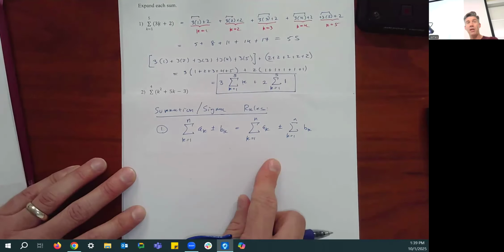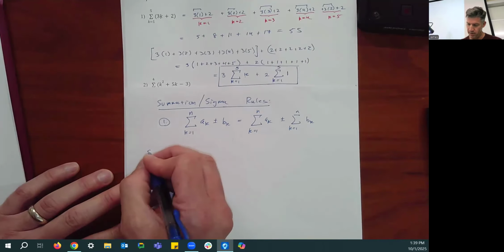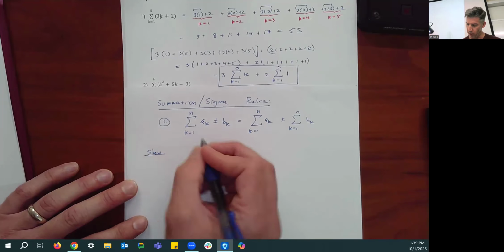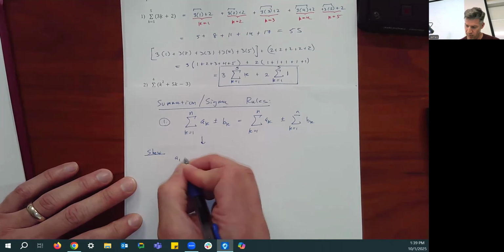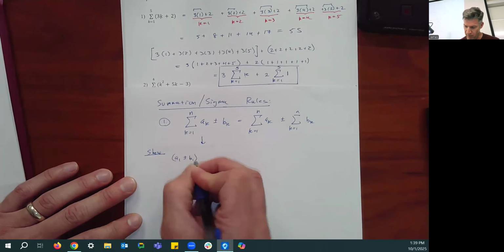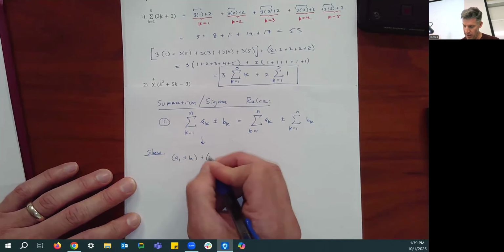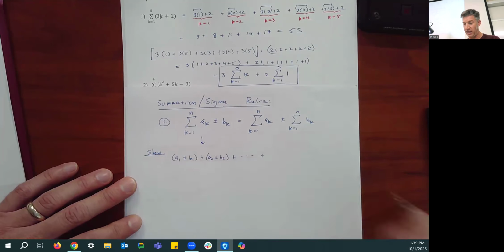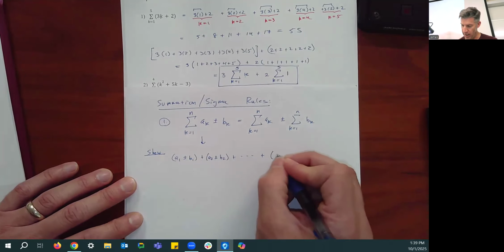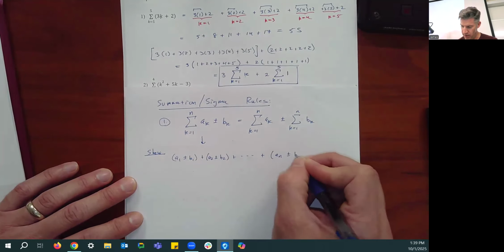And again, what's really happening here, just to show it, this first part, if you write it out, well, if I plug in k equals 1, I get a sub 1 plus or minus b sub 1. If I plug in k equals 2, I get a sub 2 plus or minus b sub 2. All the way to the last nth term, I get a sub n plus or minus b sub n.